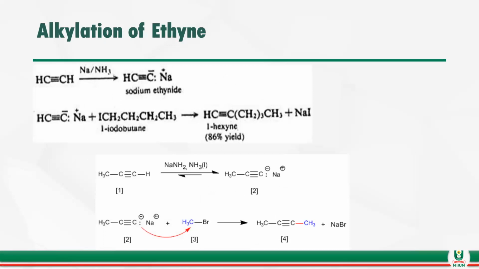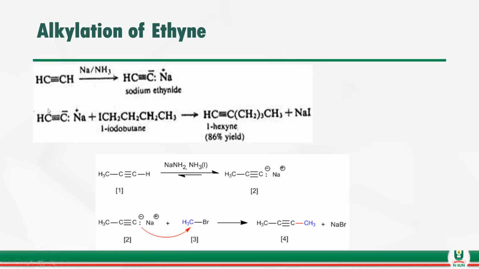The next one, which I said was to elongate the chain, is alkylation of ethyne. Remember I told you something about terminal alkynes being acidic. Because they are acidic, they can now react with a base to form a salt.